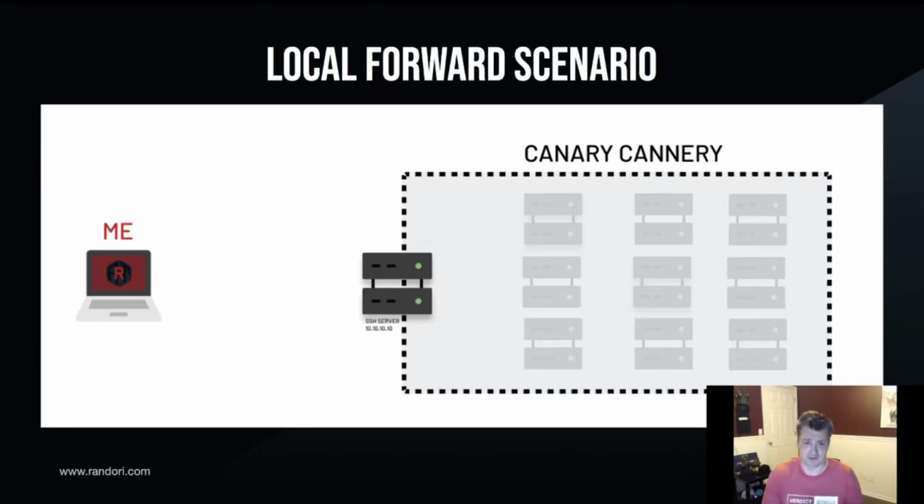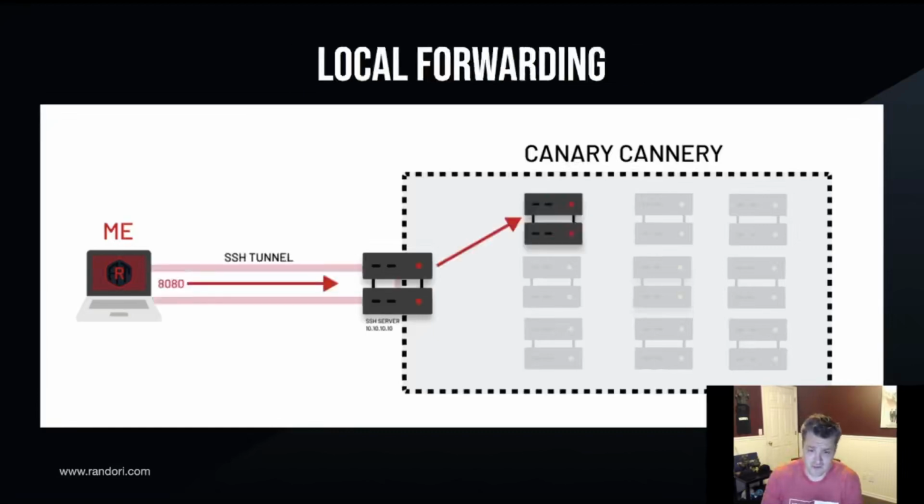So I want to do what's called a local forward. For instance, maybe I know inside that Canary Cannery there's a system that's a web server, and that there's some sort of cool secret on that web server that I would like to get access to. I am going to use SSH to set up a local port on my system, port 8080 on the left.